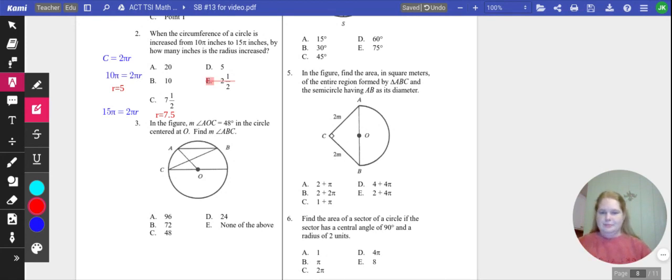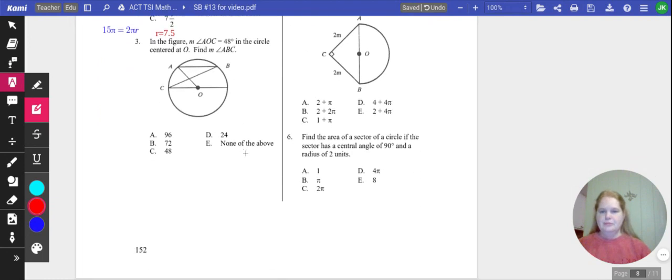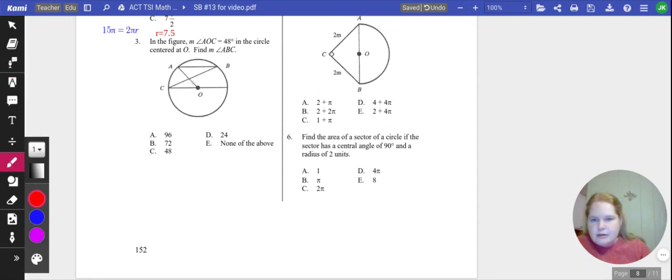All right, number 3. In the figure, angle AOC is 48 degrees. So this guy here is 48 degrees. And we want to find angle ABC. That's the guy up there. One thing that I know is that's a central angle, and this is his little arc that he cuts.